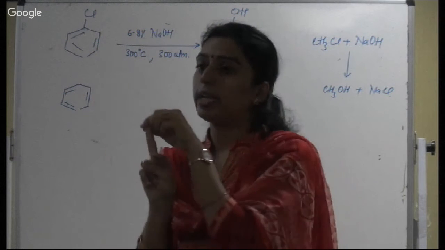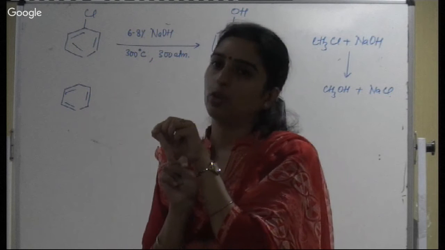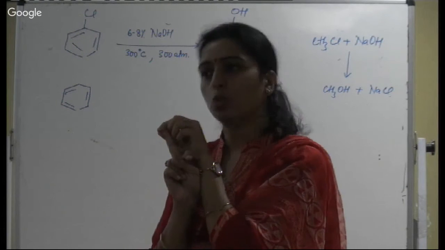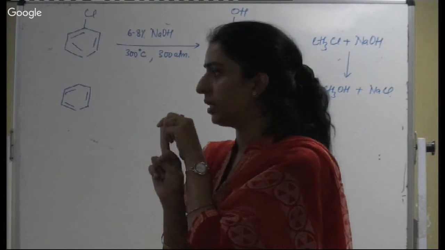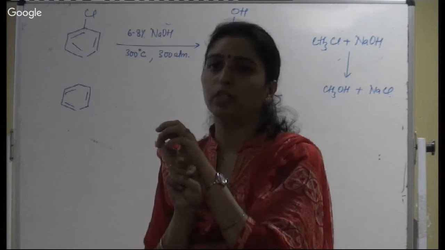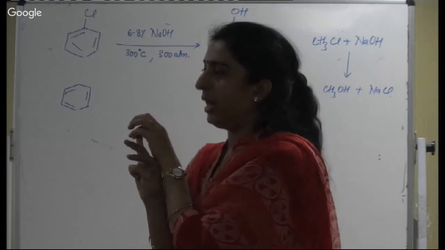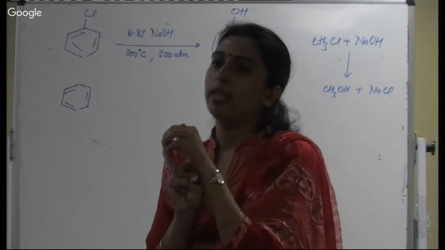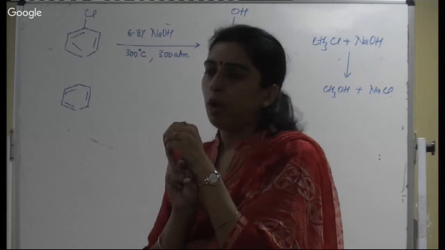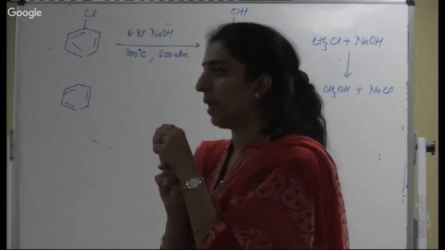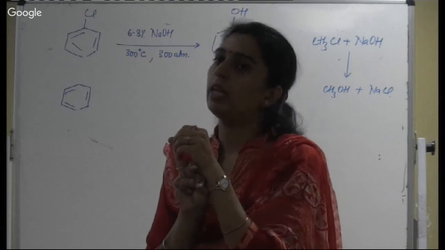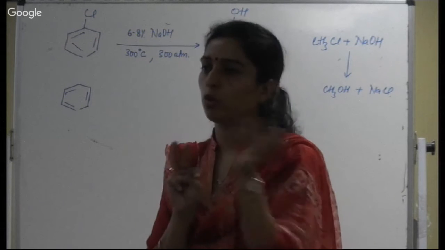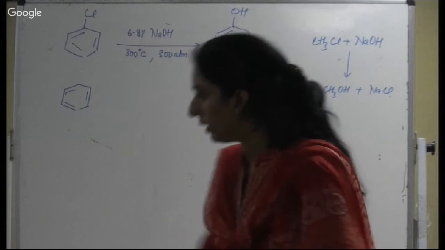The second is to put an electron withdrawing group onto the aromatic ring so that the substitution can take place. The third way is to give a very strong base like sodamide in liquid ammonia. Then you can convert chlorobenzene into aniline. I'll tell you in detail about that.